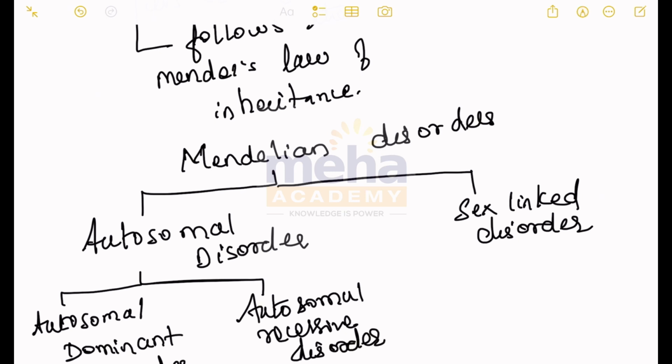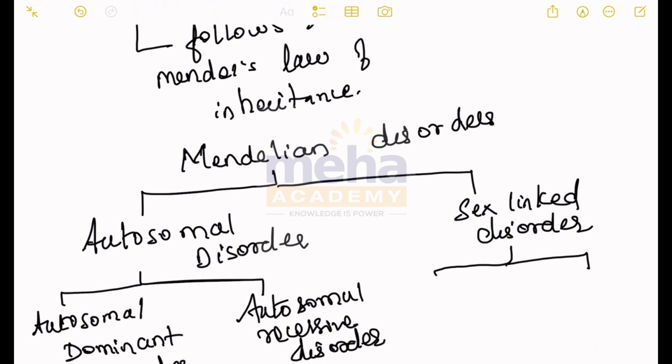In sex-linked disorder, again we have two types.